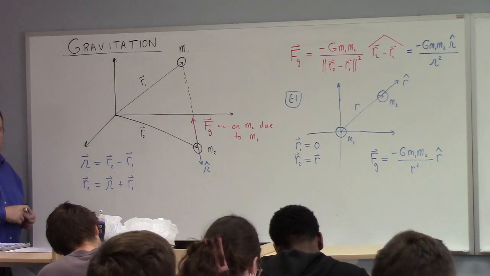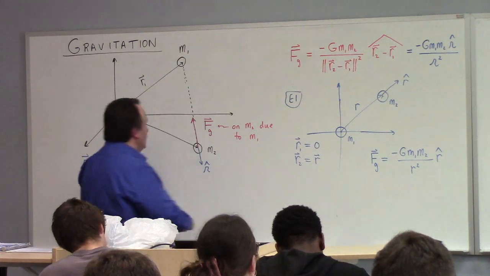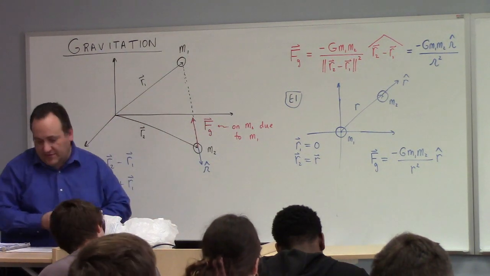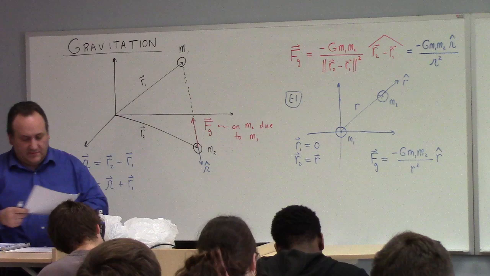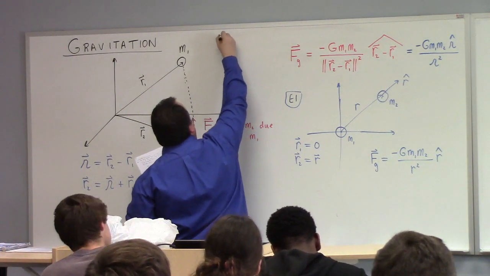Any questions? Now this G here is an astronomically small number. Experiment reveals that this G is one of the most precisely known physical constants, but here's what it is.